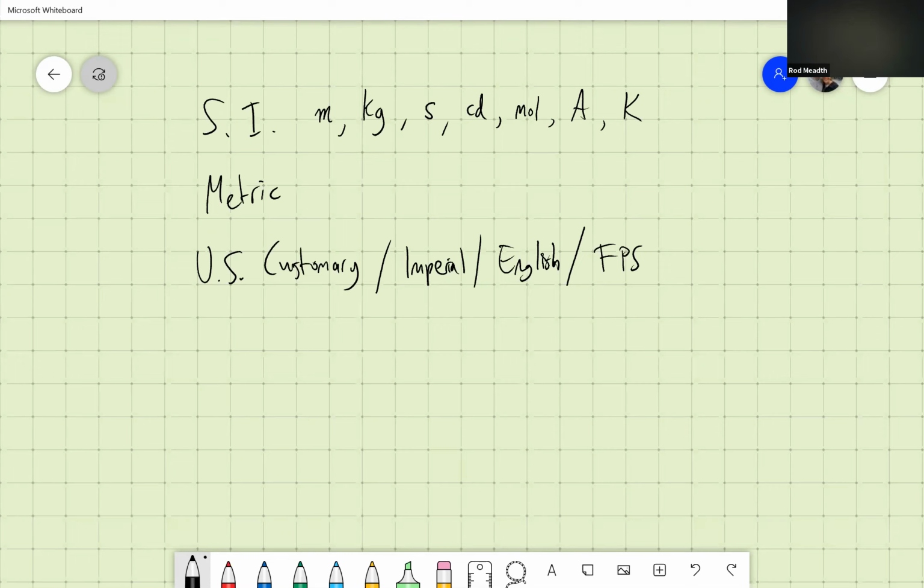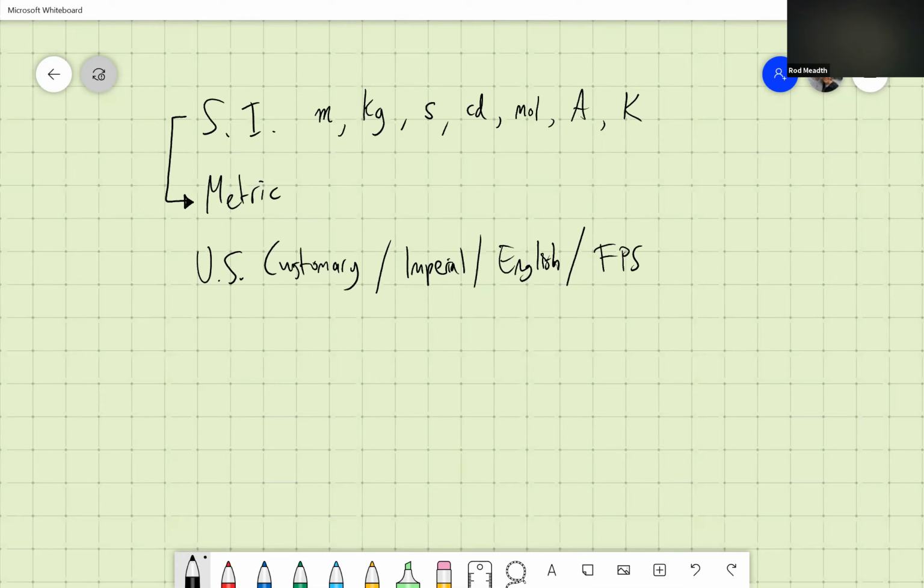Those are the 7 things which can be measured in the universe. All other things which can be measured are made up of combinations of those. That's the SI unit system. It is a fascinating thing, and you should learn about it if you can. But what we really will use more is what we call the metric system. Metric is based on the SI units.